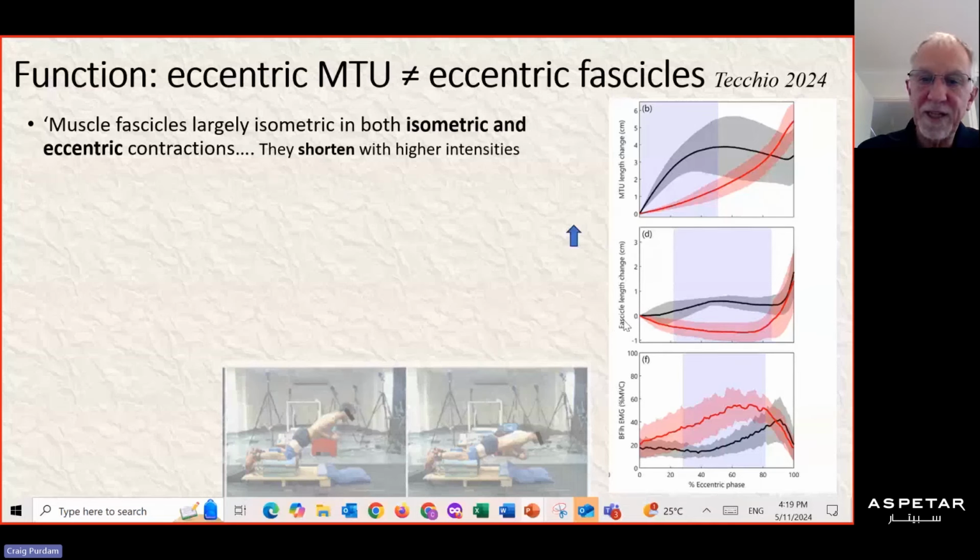If we look at the fascicle length changes, as soon as they start doing their isometrics and hold through here, it in fact shortens by about 1 centimeter or so and holds this through pretty much the entire Nordic until just near the terminal phase, as one relaxes to hit the board, the muscle relaxes, it then lengthens, and this is the only lengthening that occurs in the fascicles.